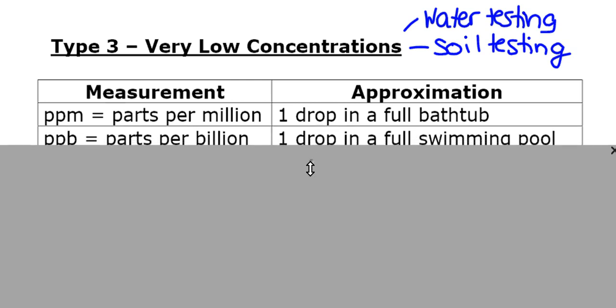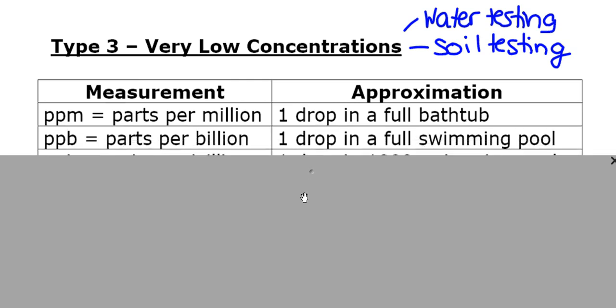We get even smaller with ppb, parts per billion. If we want another approximation to give you an idea of how this would work, we'll do the same analogy with the 1 drop of red food coloring, but imagine you have a regular sized swimming pool full with water, and then you put that drop in. Are you going to be able to see that red food coloring?